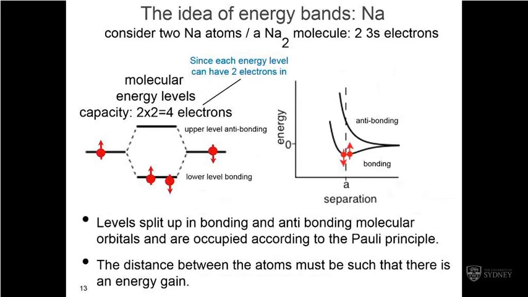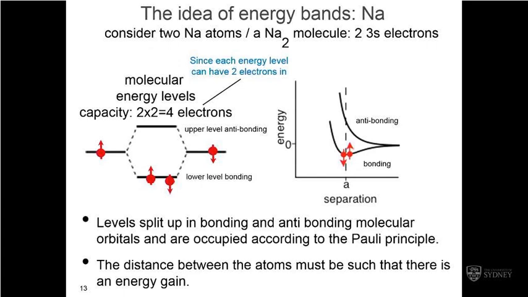Okay, so let's look a little bit more here. These are the outermost electrons, remember, the 3s electrons. Here's one sodium atom, here's another sodium atom. When you bring them together, you get new states forming, a bonding state and an anti-bonding state, because their wave functions are interacting.